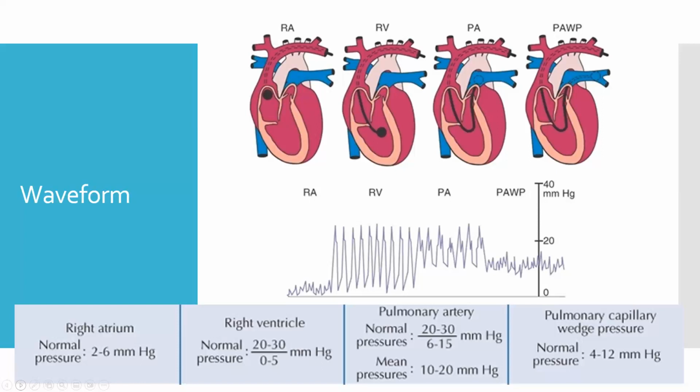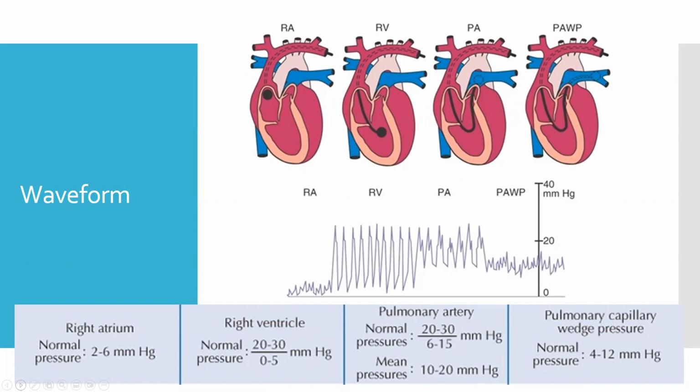So this slide is showing you a lot. The bottom part shows you the pressures. The middle part shows you the graphical depiction. The upper part shows you where the tip of the Swan-Ganz catheter is at that point in time. So in the olden days, probably still today, they would tell as they thread a pulmonary artery catheter through the heart.